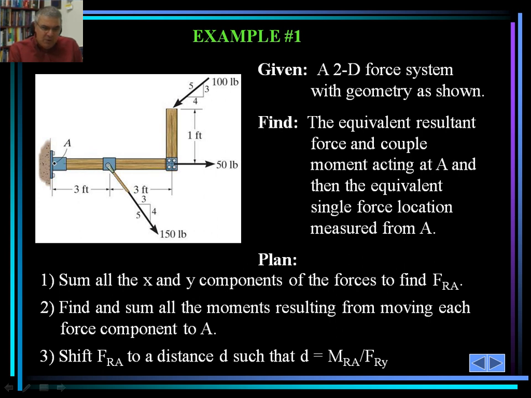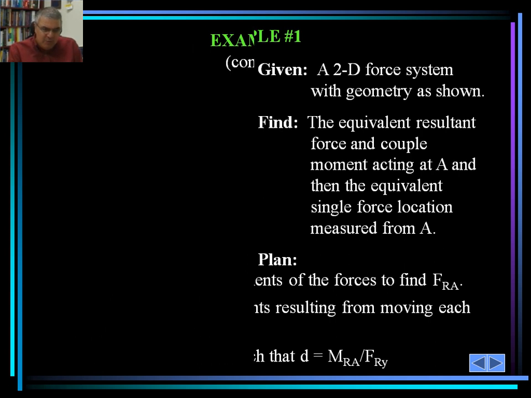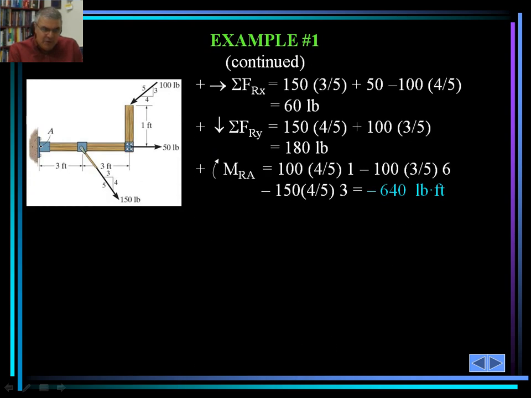So we find and sum all the moments resulting from moving each force component to A, and we would shift F sub RA to a distance D such that when we divide M sub RA, the reactive moment at A, by the force, it would provide us the appropriate distance.